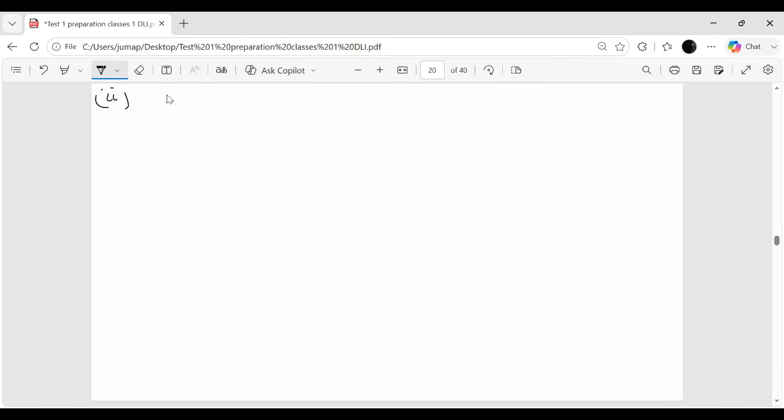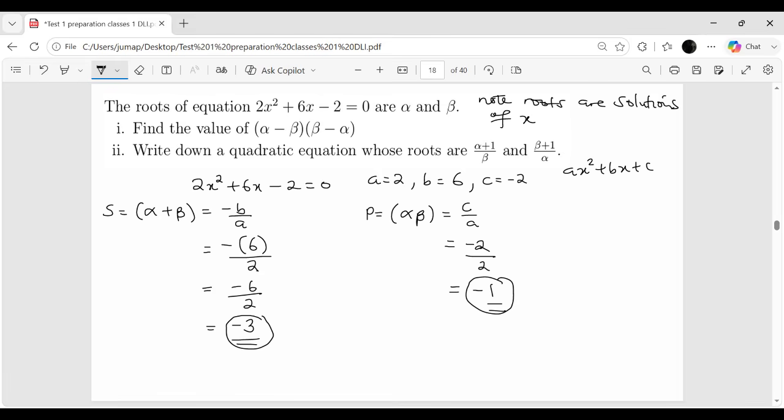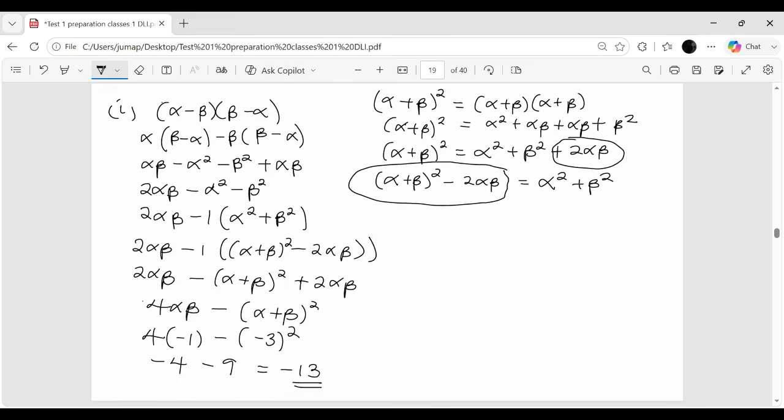So the roots are alpha plus 1 over beta and beta plus 1 over alpha, if I'm not mistaken. Yes, that is the way it is.